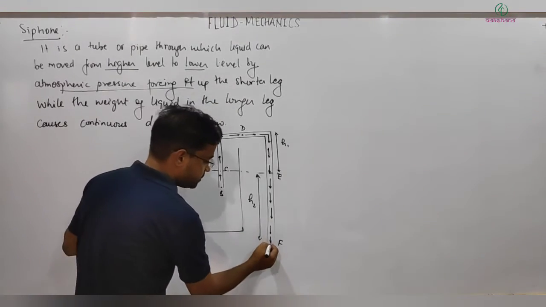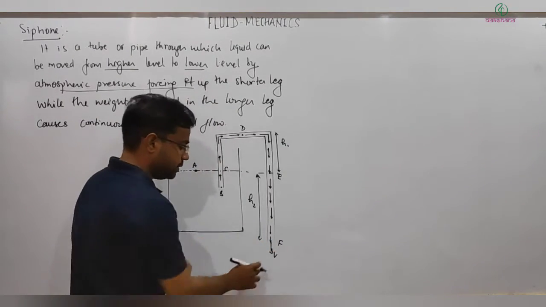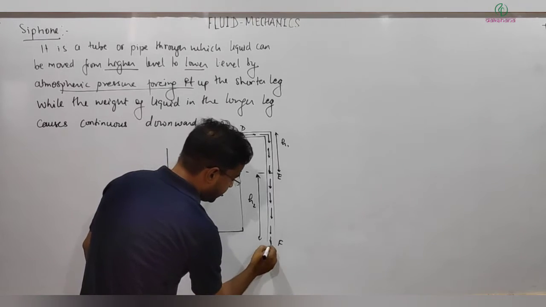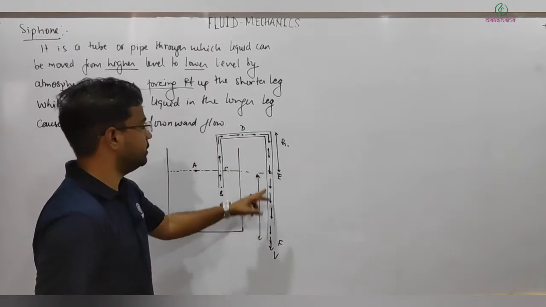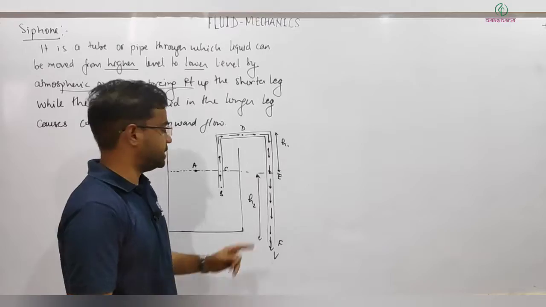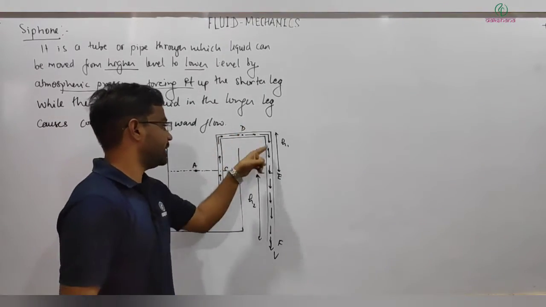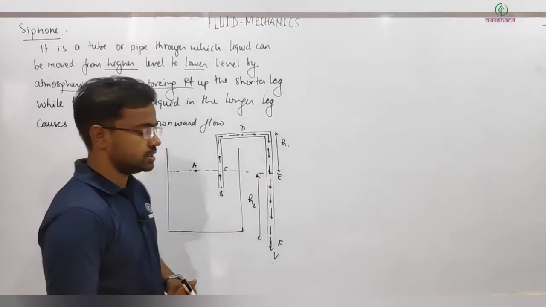So let's say here the speed of the fluid flow is V. Then by continuity equation we can say if the area of cross section of the tube is constant, then the speed of fluid flow at every point of the tube will be constant, is it.